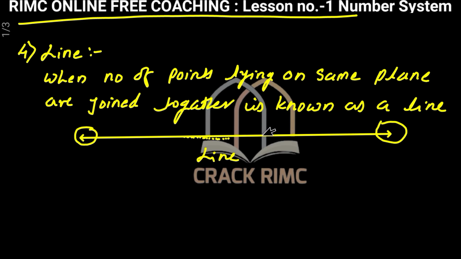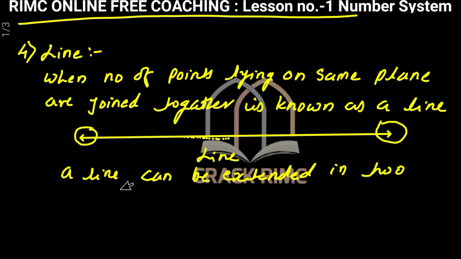So what we can say here, a line can be extended in two direction only. As you can see here, here is one arrow, means this line is continuing in this direction and also in this direction.